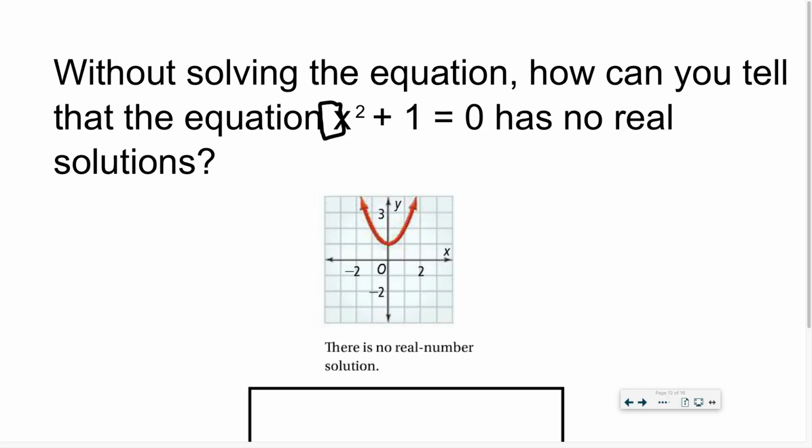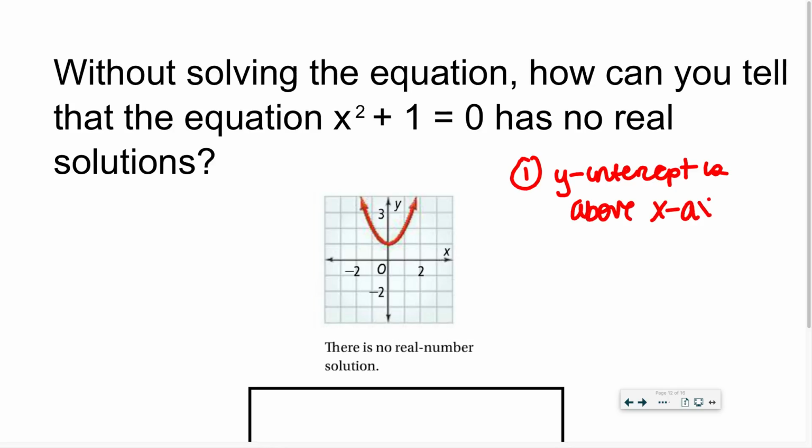You can tell in this equation that there will be no solutions for two reasons. First, the y-intercept is above the x-axis. Now that alone does not mean that there will be no solution, because what if the y-intercept was above the x-axis and then my parabola opened down?